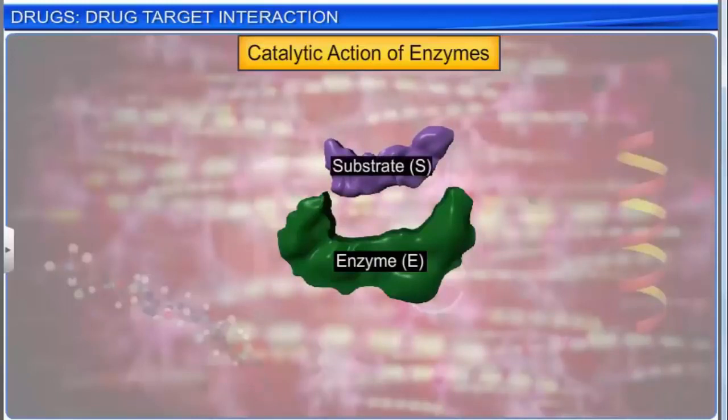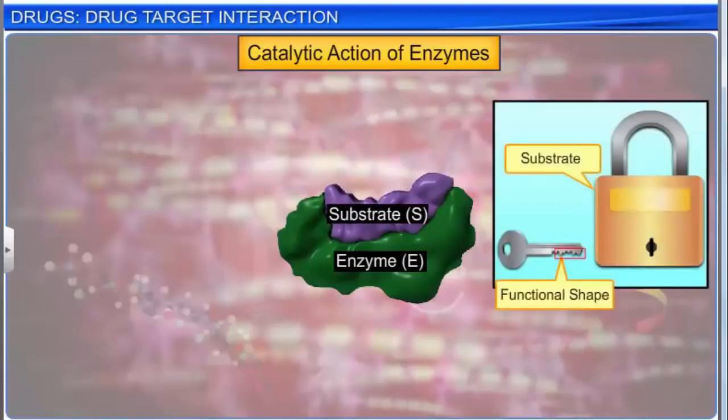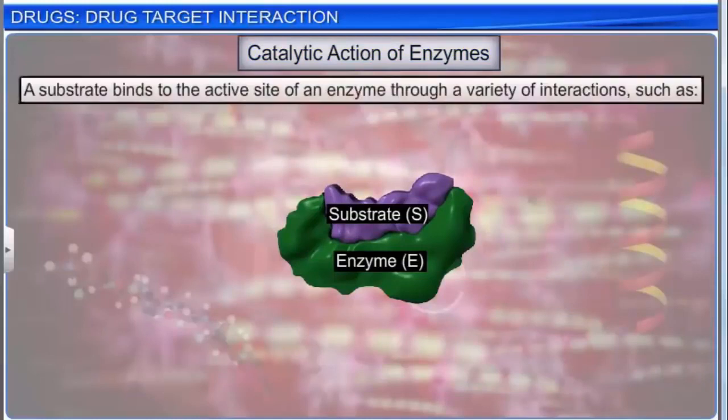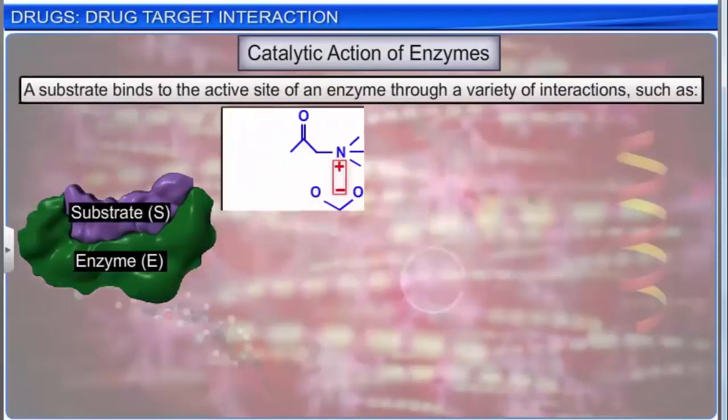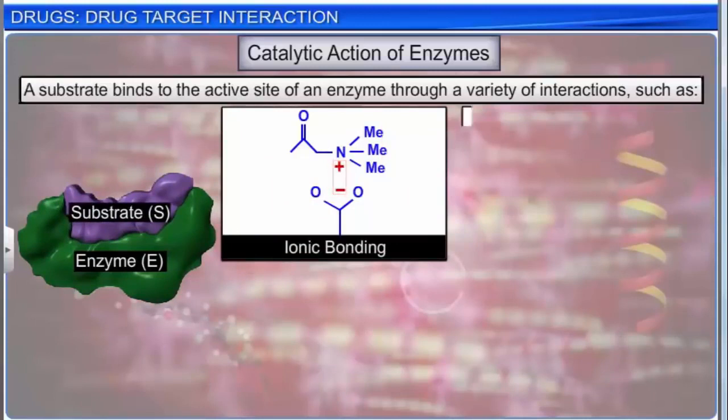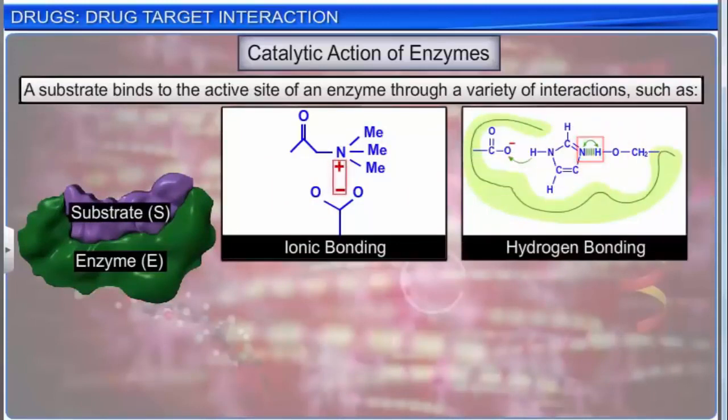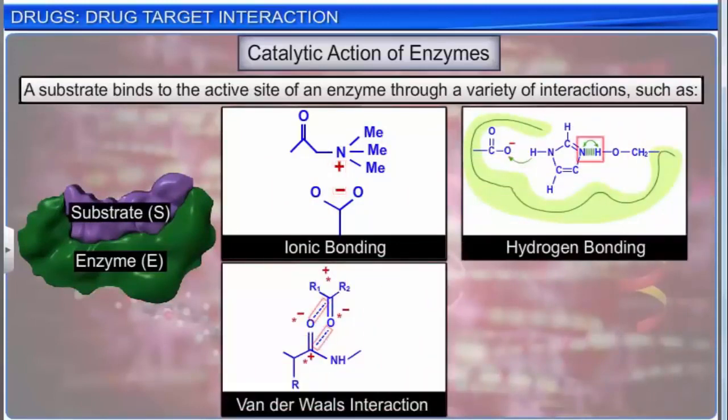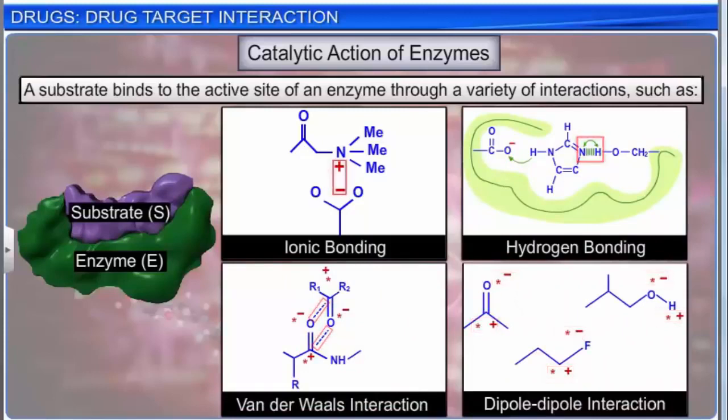A substrate molecule has a shape complementary to that of the active site of an enzyme and fits into it just like a key fits into a lock. A substrate binds to the active site of an enzyme through a variety of interactions, such as ionic bonding, hydrogen bonding, van der Waals interaction, or dipole-dipole interaction.